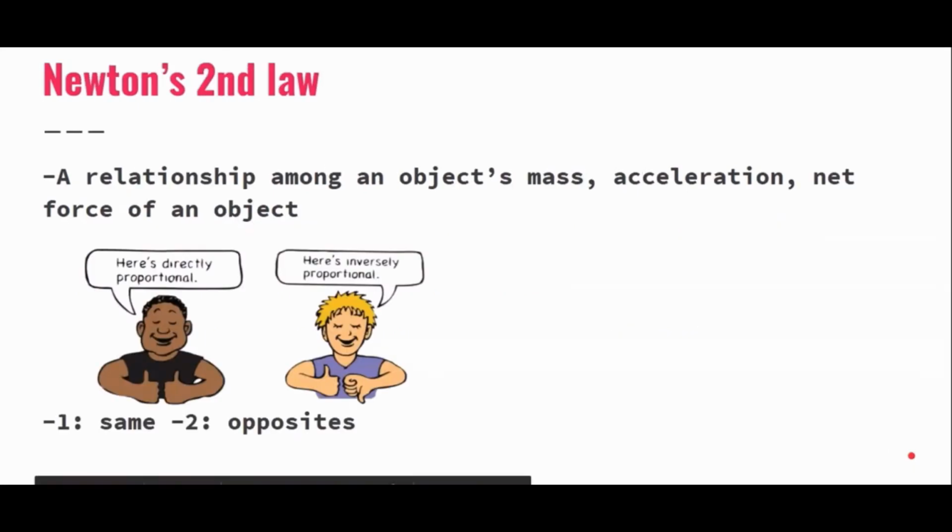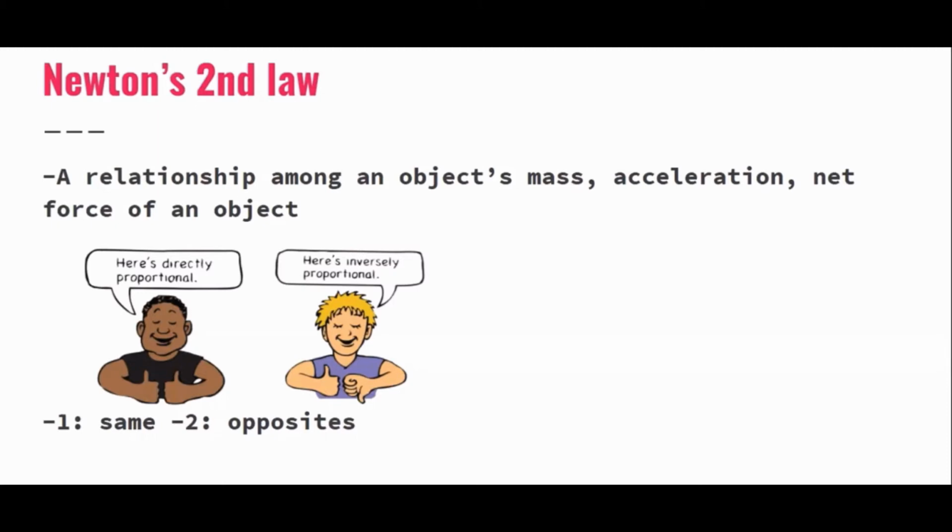Okay, so the second law is a relationship among an object's mass, acceleration, and net force. You see how this guy has two thumbs up. Directly proportional is because they're the same, and if the two thumbs are both going up, then they're both going up.